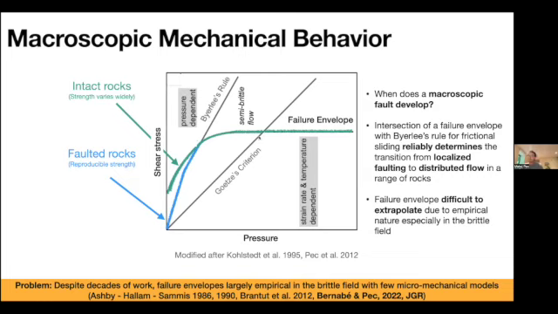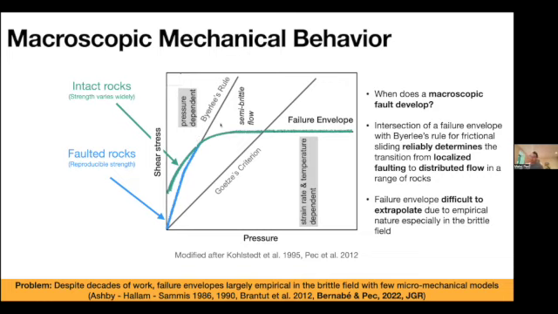And so once the differential stress is lower than the confining pressure, then we're in the fully plastic field where deformation tends to be strain rate and temperature dependent, whereas in the brittle field, deformation is mostly pressure dependent.